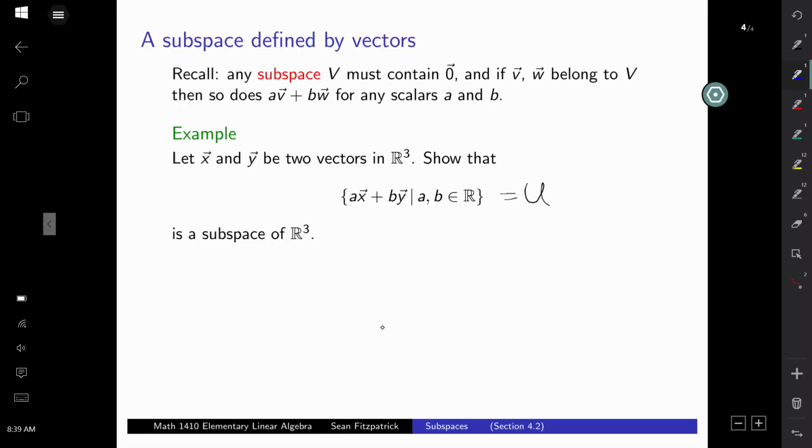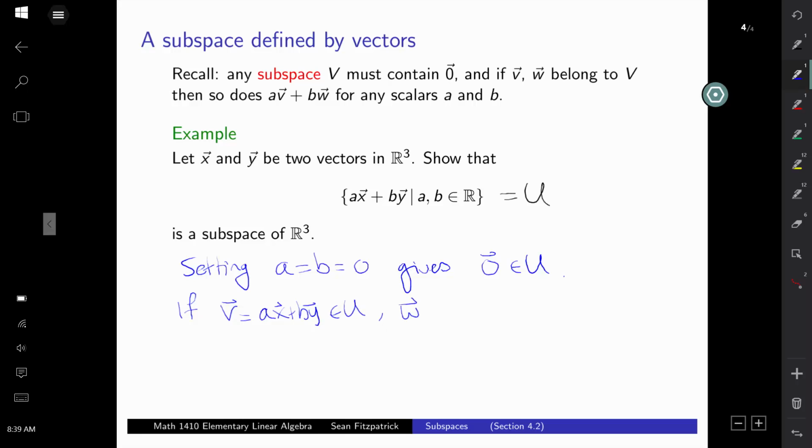And so we check. First of all, if I set a and b equal to 0, that's going to give me the 0 vector, so the 0 vector is an element of U. And now let's suppose that I have v equal to ax plus by in U, and w equal to cx plus dy in U, right?